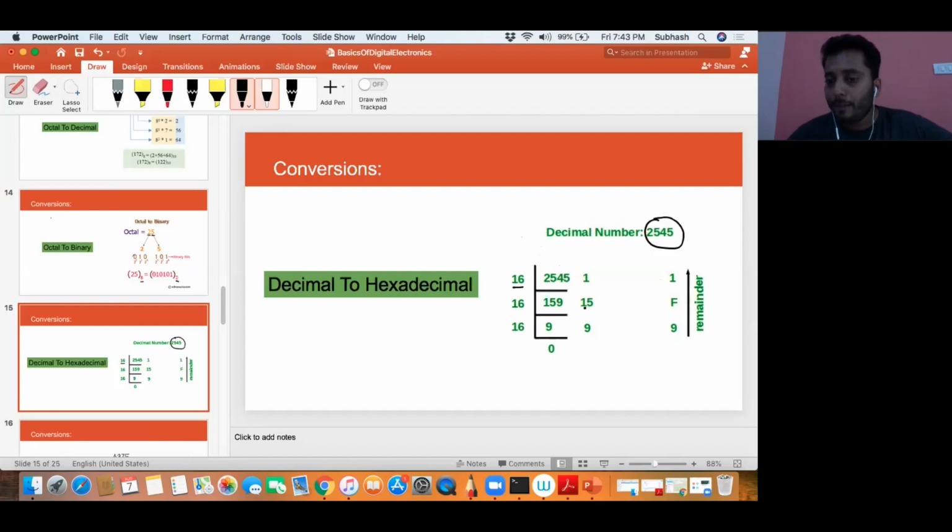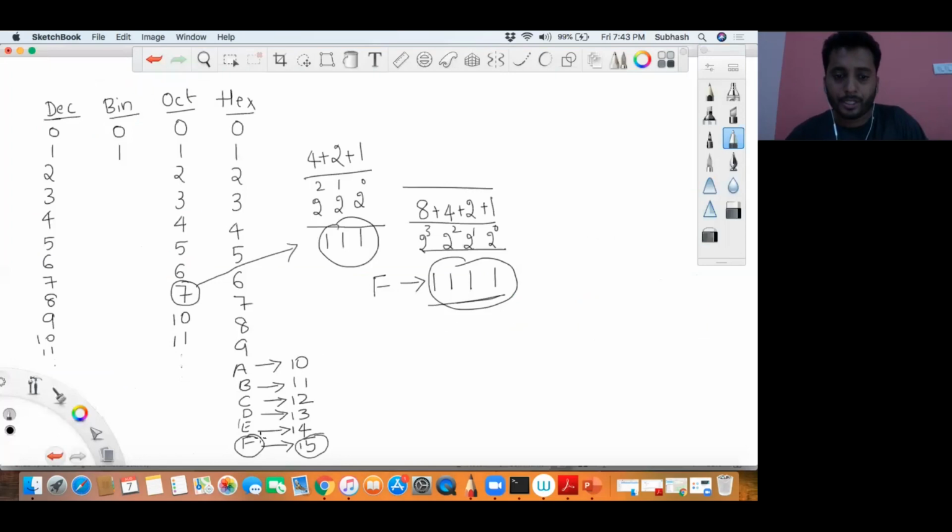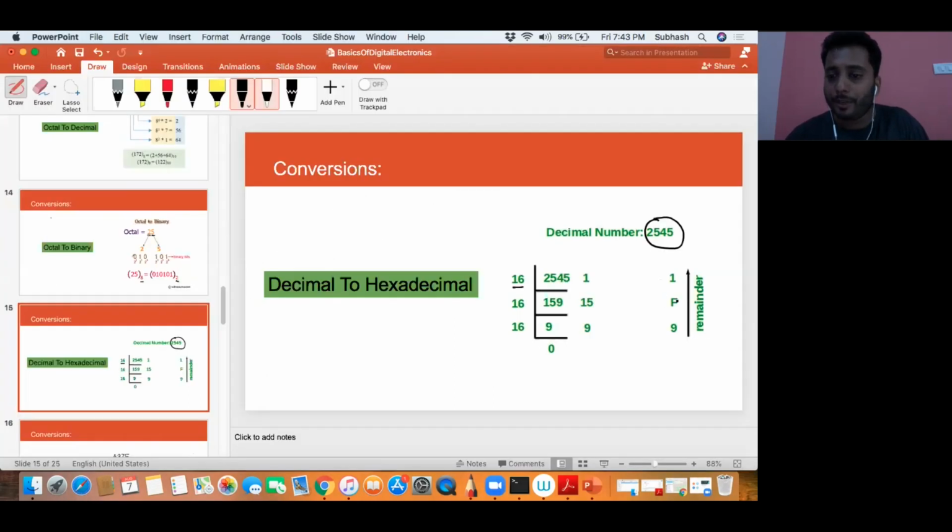Keep it as it is. But we know that in hexadecimal there is no 15. 15 is equivalent to the value F, as I showed you, so we have to represent it as F over here. Next, 9 can never be divided again by 16, so keep the 9 as it is.